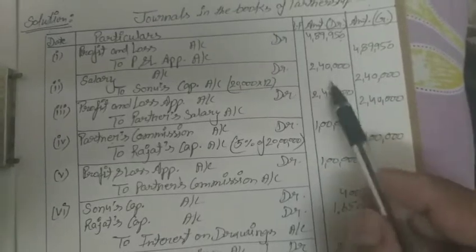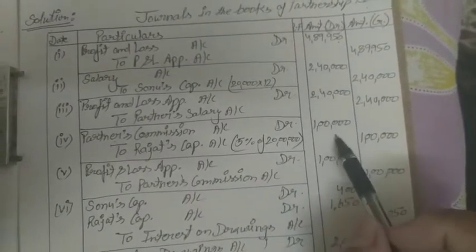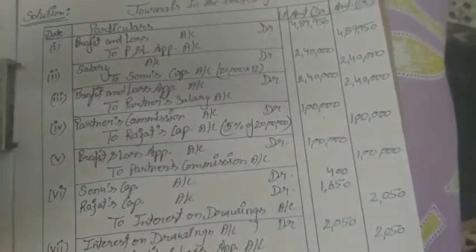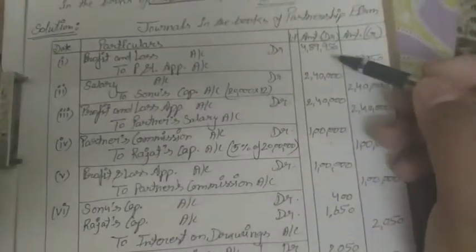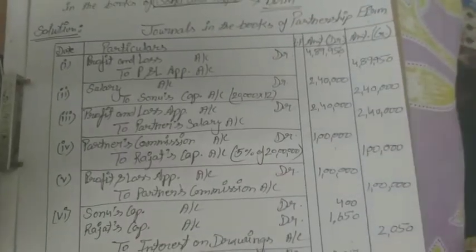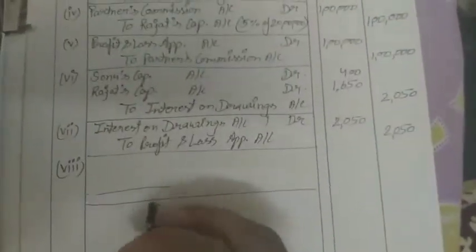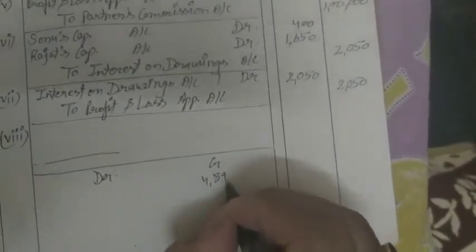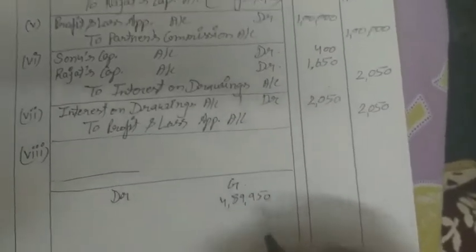Okay, here is 2,40,000, 1,00,000, 3,40,000 is the total, and this is the interest on drawing which is transferred to the credit side. So that's why the profit comes. Okay, so if we total the debit and credit side balances, the profit and loss appropriations account is credited with 4,89,950, it is a profit.